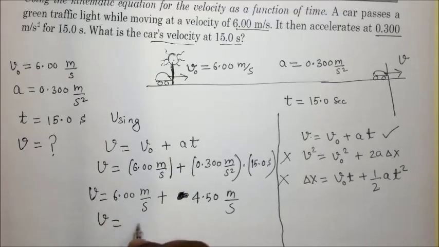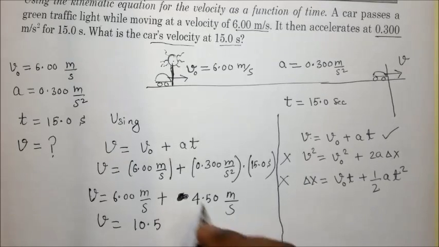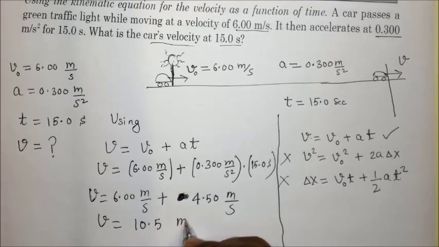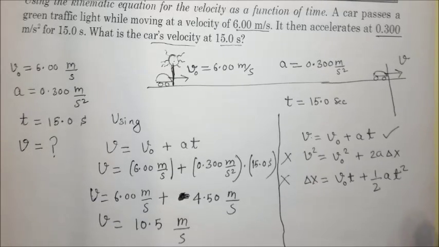So V final is equal to 10.5 meter per second. Okay, that was an easy example.